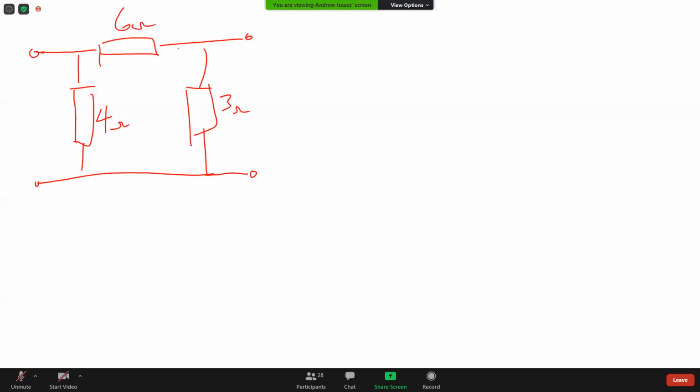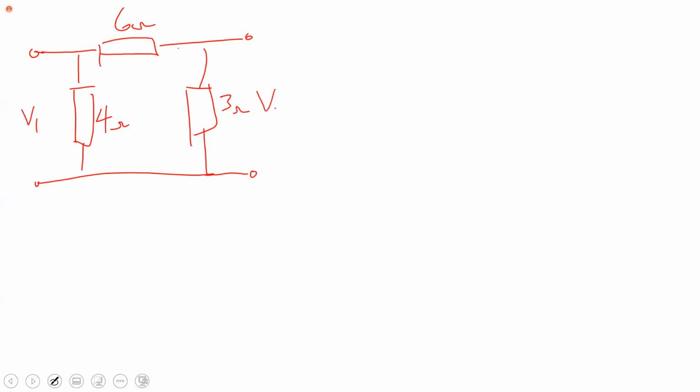For A, we have V1 over V2. So we have V1 here, we have V2 here, we have I1, we have I2. So A is equal to V1 over V2 with I2 equal to 0.